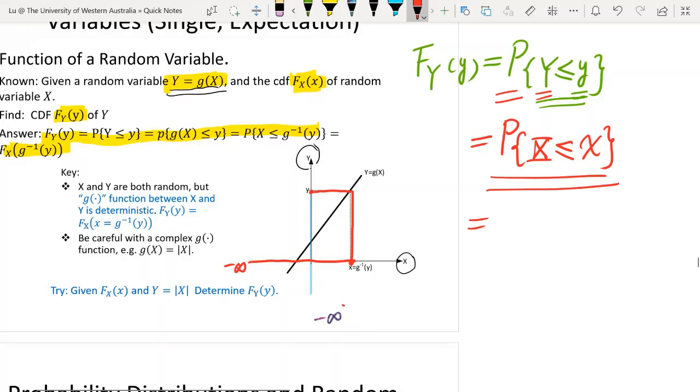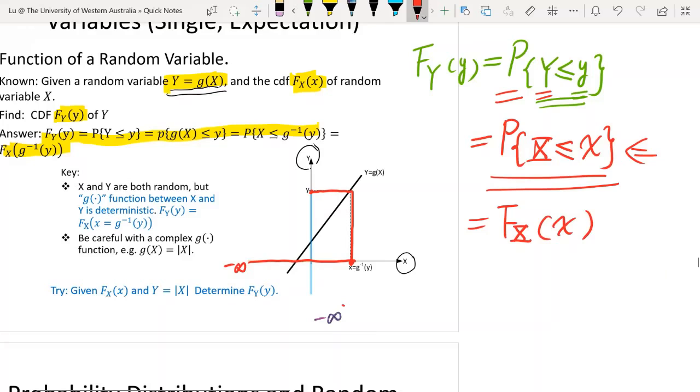What is this probability? This format is so familiar to us. It's actually the CDF function of the random variable X, using x as the parameter.